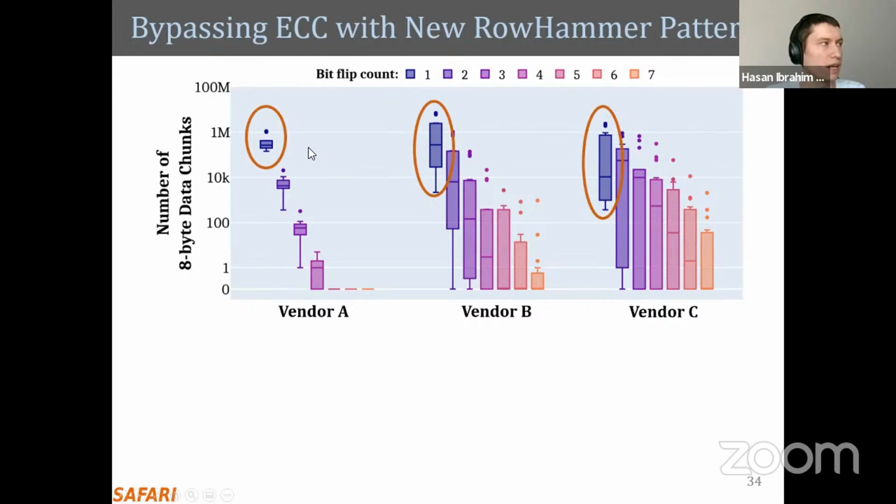Note that the y-axis is on log scale. The observation is that most of the 8-byte data chunks contain 1 bit flip. Of course, we don't include here data chunks that do not have any bit flips. There are such data chunks as well, but here we're interested only in the distribution of how many bit flips at most our access patterns can cause in a single data chunk. Most of the data chunks contain only 1 bit flip, and this can be corrected by ECC.